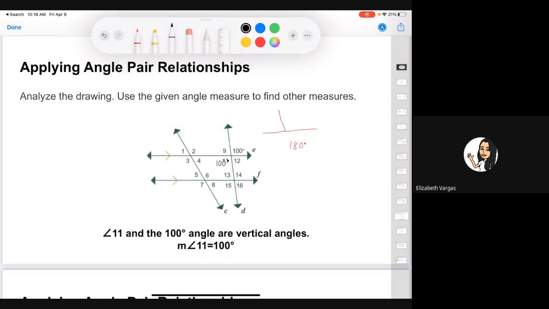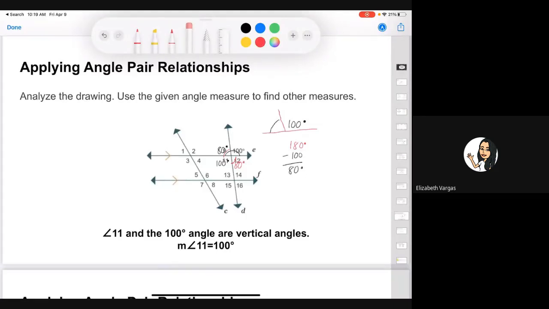Well, as I can see here, I have two angles which form a straight line, and this one is equal to 100 degrees. So I can find my missing angle by taking 180 minus 100 degrees, which is 80. So that means that the measure of 9 is 80. Well, the measure of angle 9 has another vertical angle pair, 12, and so that will also be equal to 80 degrees.